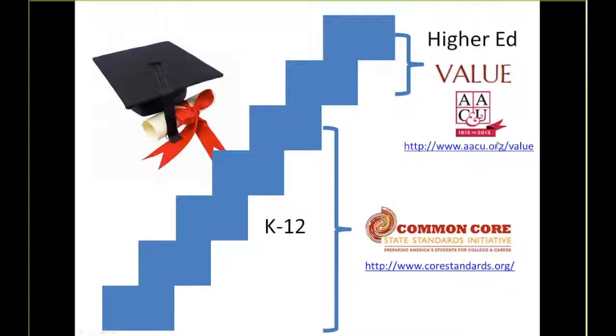For the folks in higher education, a very good resource is the VALUE rubrics. VALUE stands for Valid Assessment of Learning in Undergraduate Education, and this is a set of rubrics developed by hundreds of educators across hundreds of institutions in the United States.